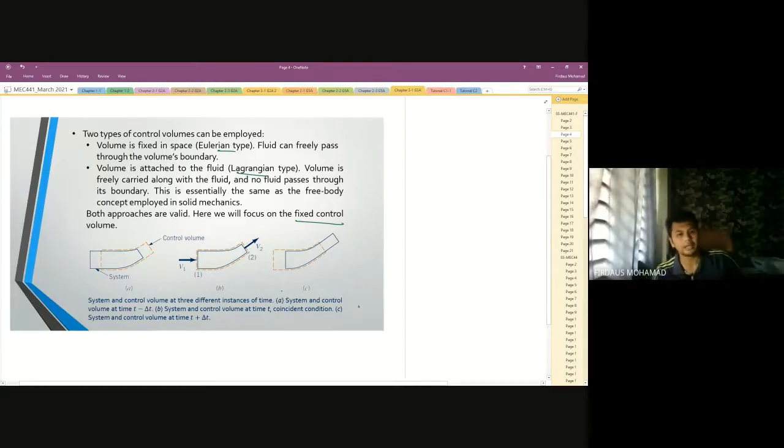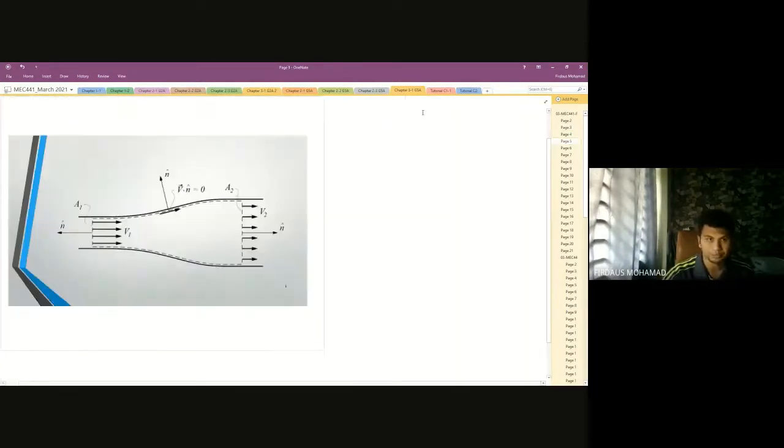Okay, and then kalau tengok C, system and control volume at later time T, dia dah bergerak ke depan. Dia punya system dah bergerak, but the control volume is fixed. Yang ni kita panggil Eulerian type of control volume. Okay, so this is basic understanding about the control volume.